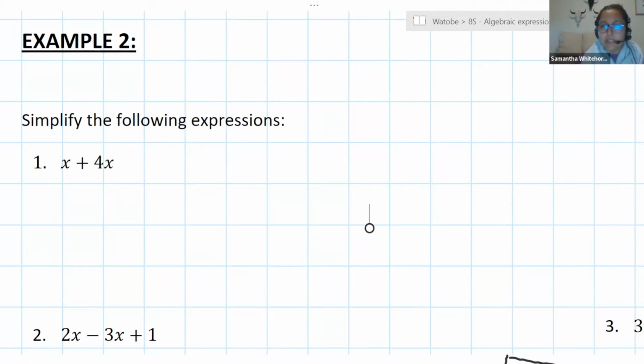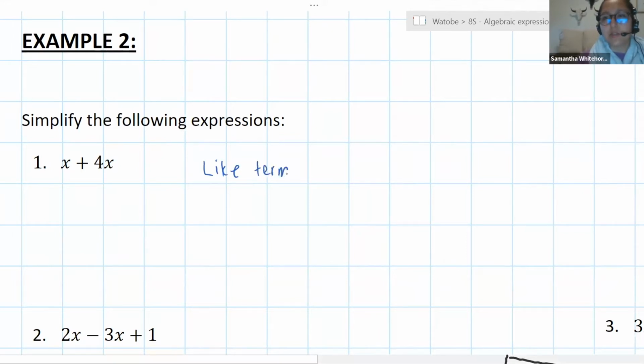So I'm already seeing some answers here, which is excellent. If we look at this first question, we've got x plus 4x. So the first thing I want to ask myself is, do I have like terms? Remember, like terms are terms that have the same variable and same exponent. So both of these terms have an x. Both of those x's have the same exponent of 1. So these are like terms.